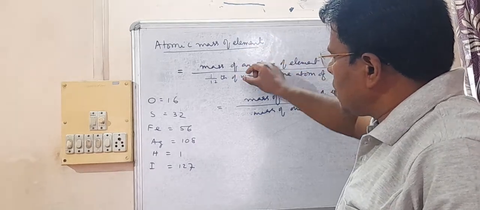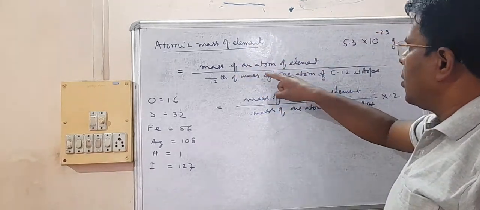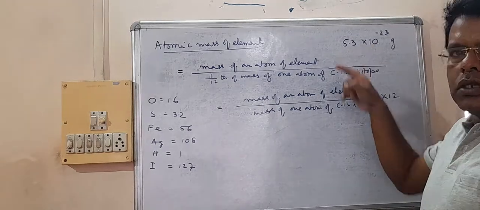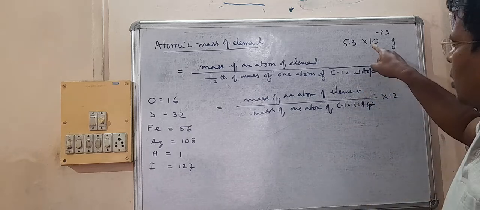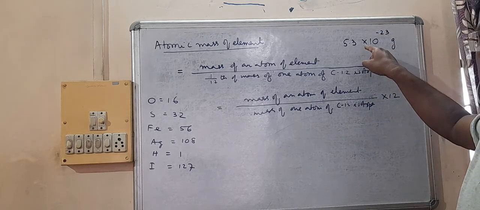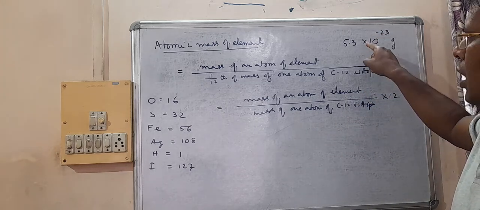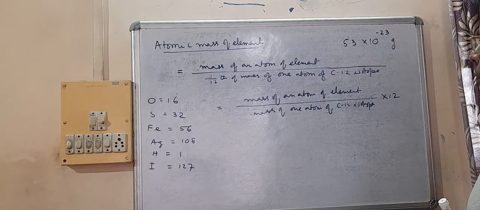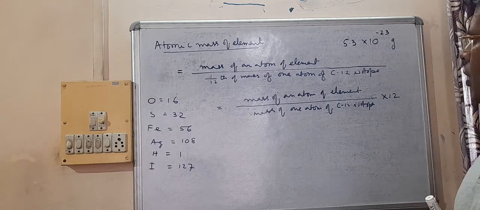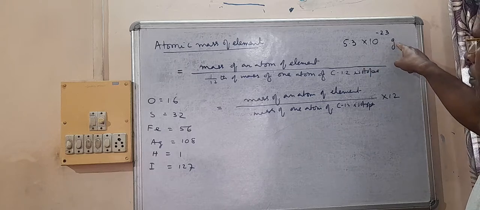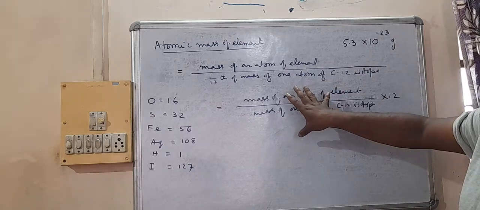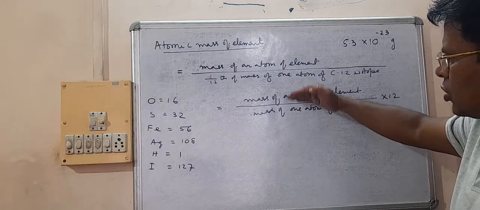These values I mentioned earlier are not atomic mass. They are the mass of an atom of an element, or the absolute mass of an atom of an element. Here the unit is gram. Here, as such, there is no unit, because it is a ratio of two masses.